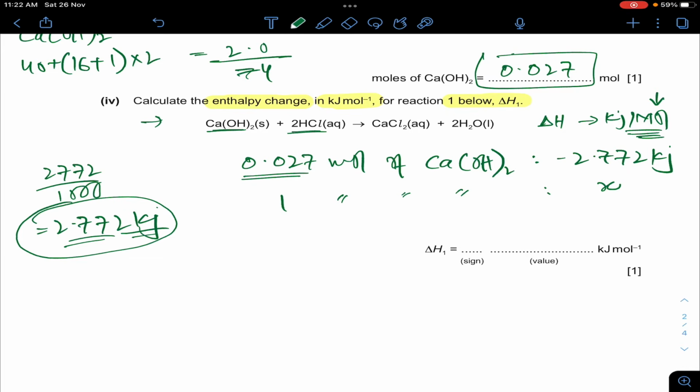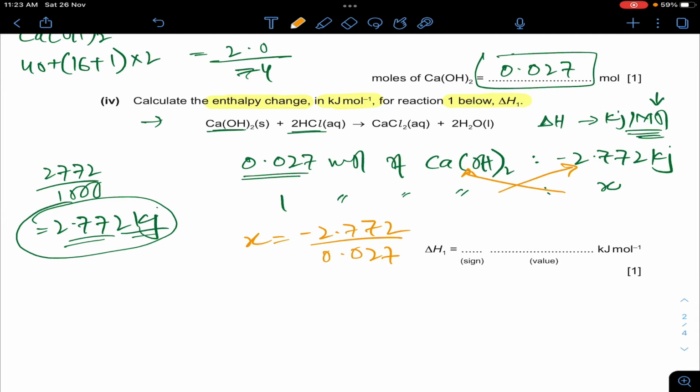What amount of energy would be released? Just simple maths here, cross multiplication: X is equal to minus 2.772 divided by 0.027.